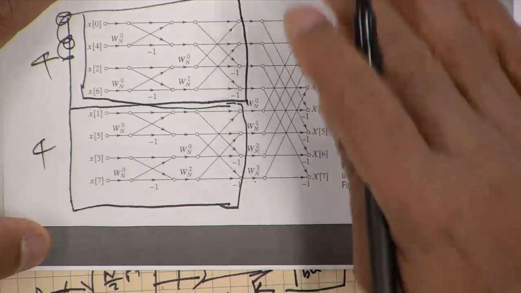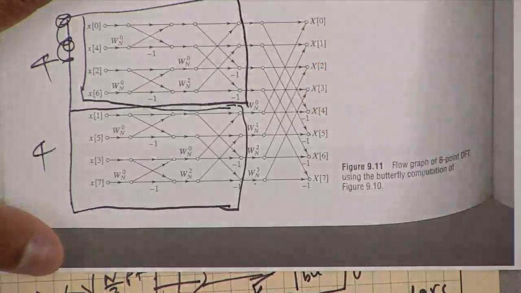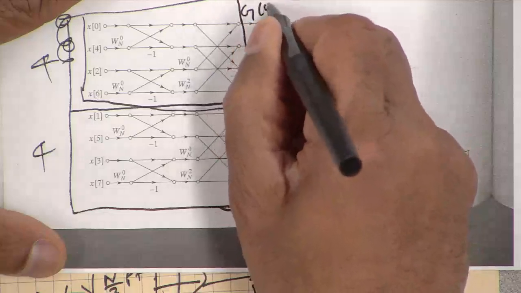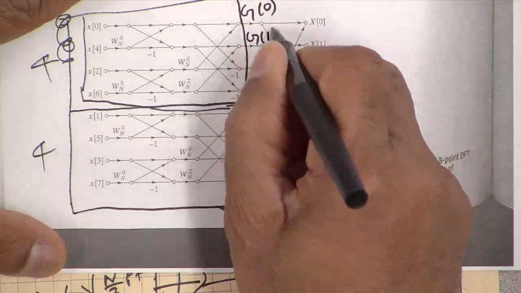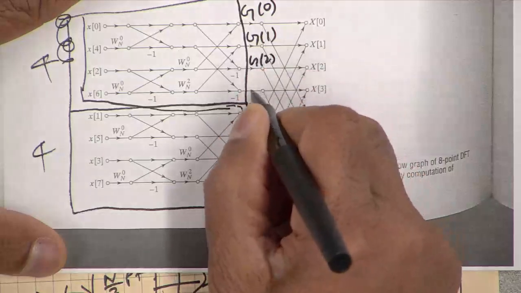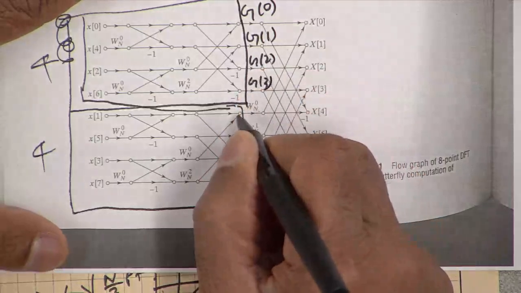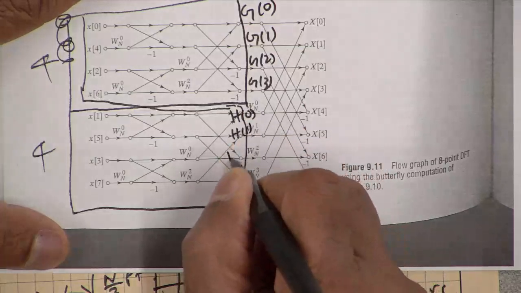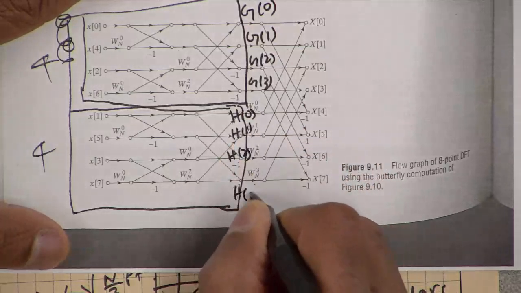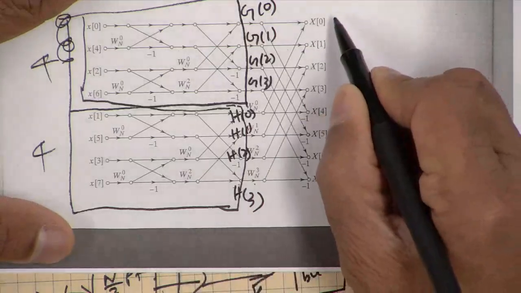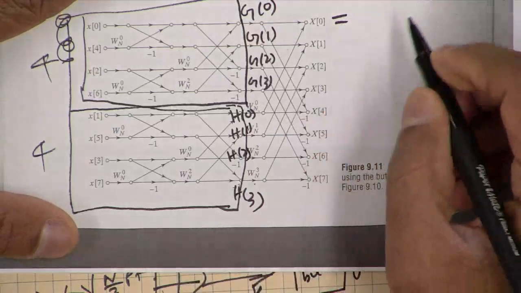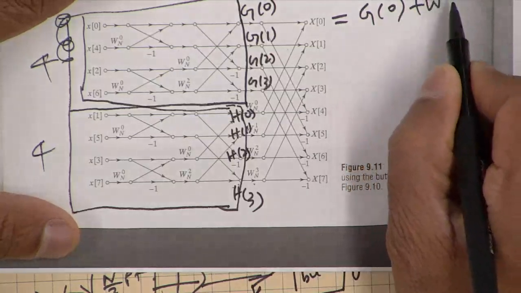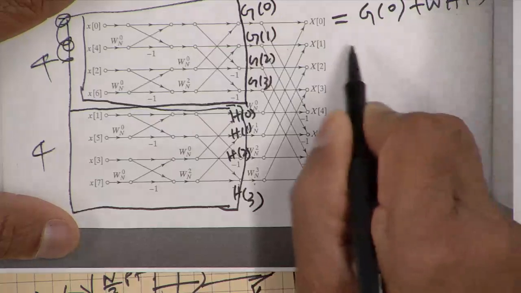So if you think about this quantity as G0, G1, G2, G3, and these outputs as H0, H1, H2, H3, then for k equal to 0, x0 is going to be G0 plus W to the power 0, H0.